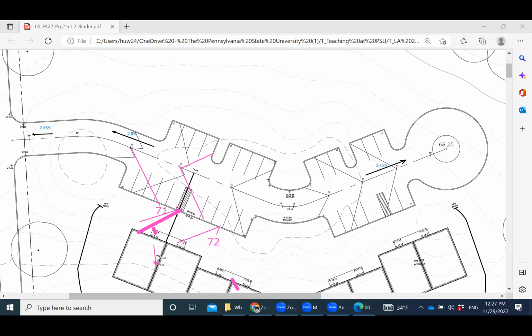If this is still 71.13, then your 72 would most likely be hitting in this area because 71.13 cannot be on the high side of your 72 contour. Does that make sense? So these lines will be determined by what you specified as your FFEs for these buildings, and they need to be in the correct relationship with your contours.